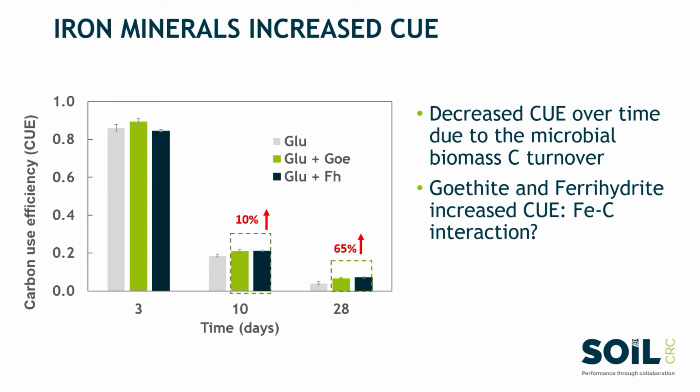And we thought, okay, what's going to happen if we include that mineral phase into our product? And although those differences are little on the right-hand side of this slide, you're talking about between 10 to 60% improvement on the carbon use efficiency.